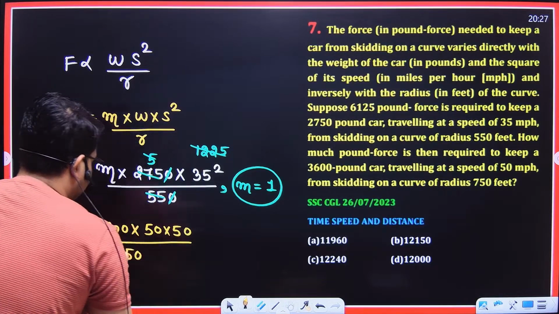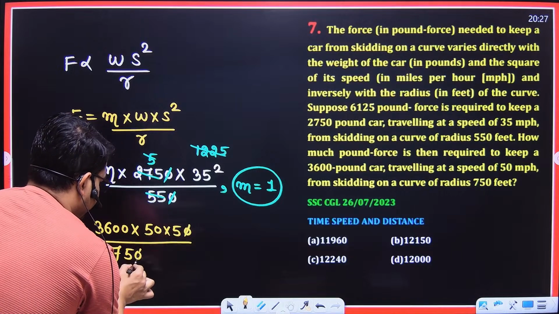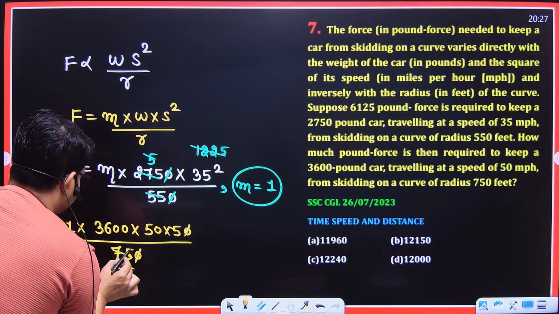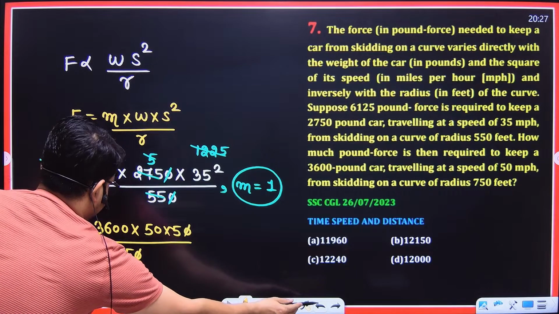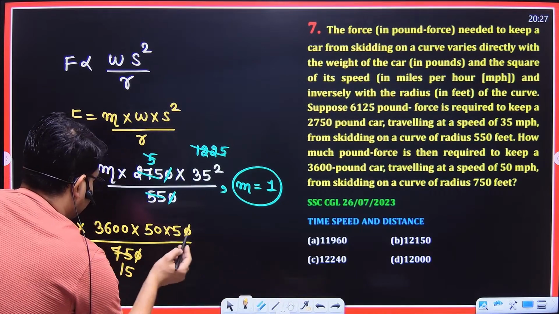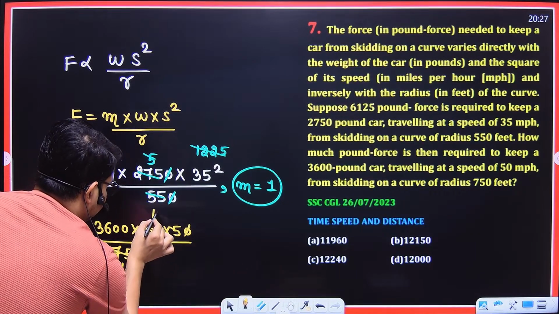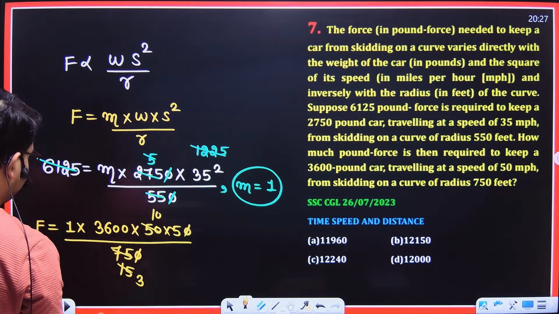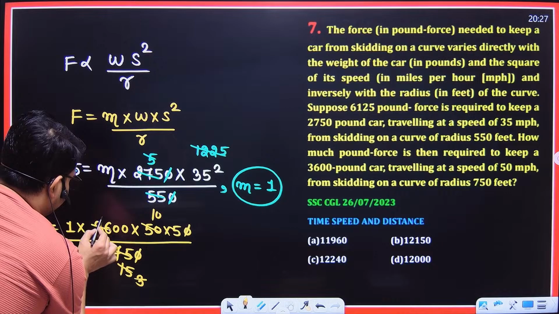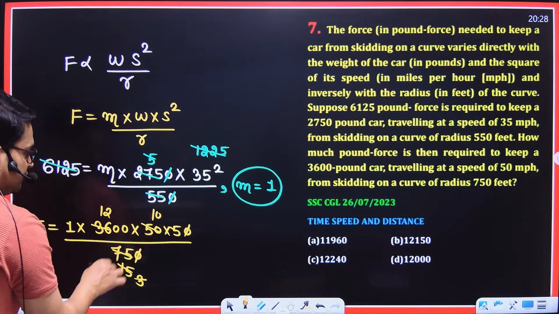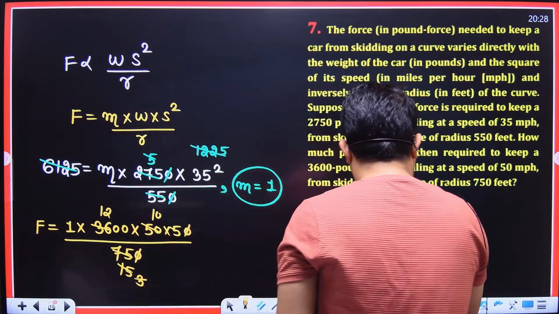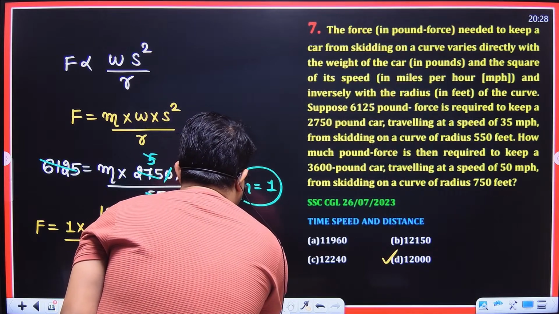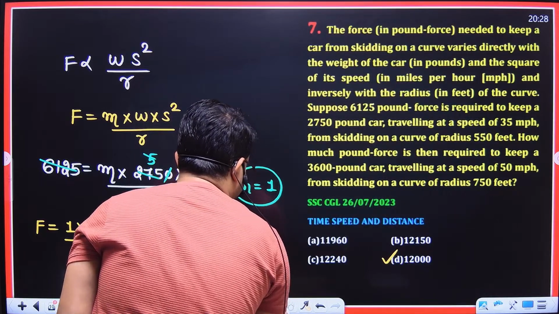So again, a simple question. 5 15, 5 10, 5 3. If you cut it, it will be 12. So we have 1200 into 10, 12,000 is the force. That is option number B.